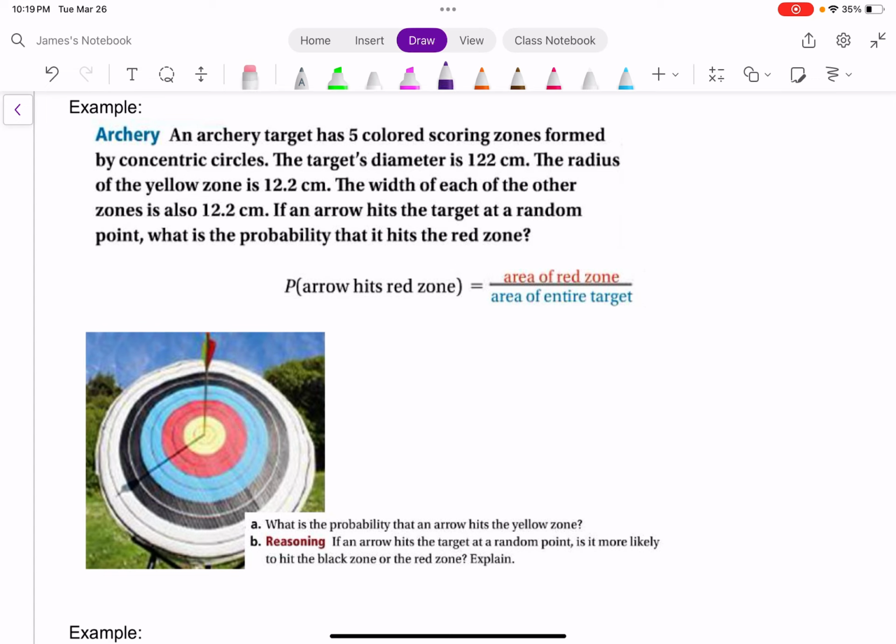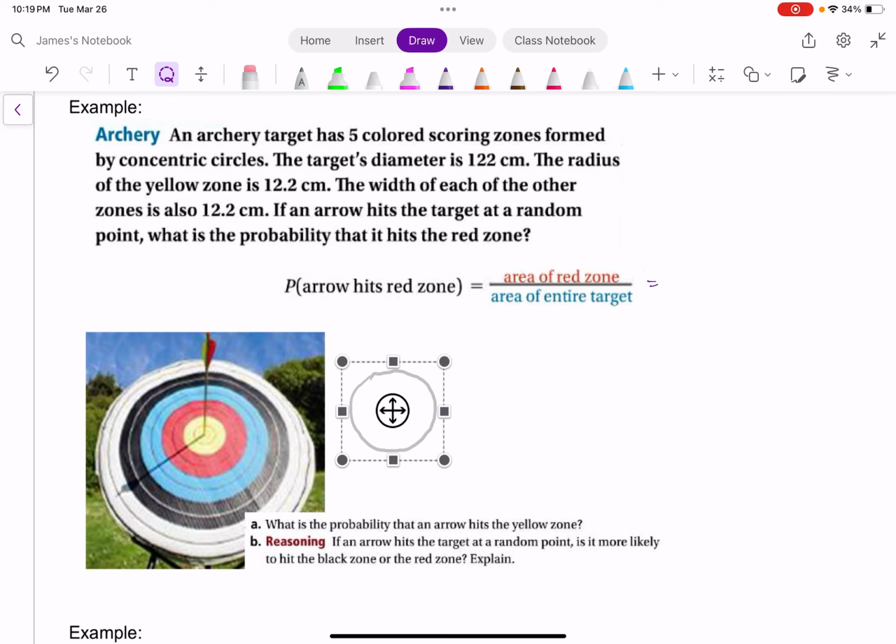Okay, so when it asks me what is the area of the red zone, because I want the probability that I hit in the red, well, let's first look at this. I'm going to take this red, outline this, okay, and then I'm going to see if I can pull that back over here.